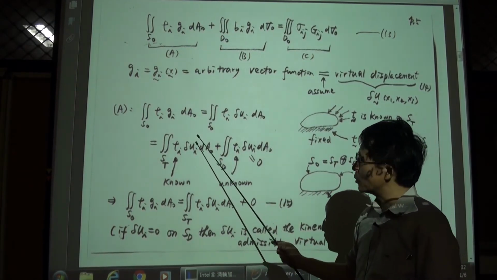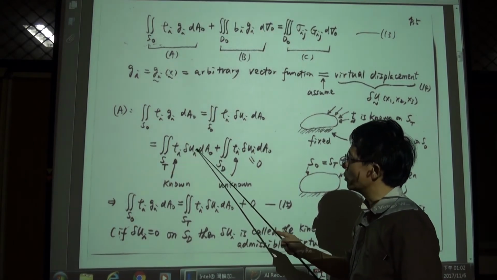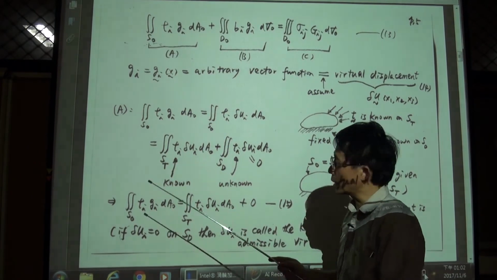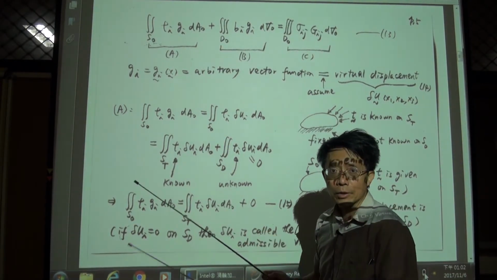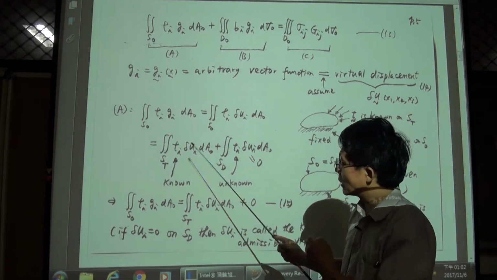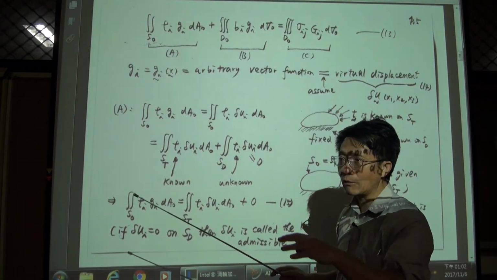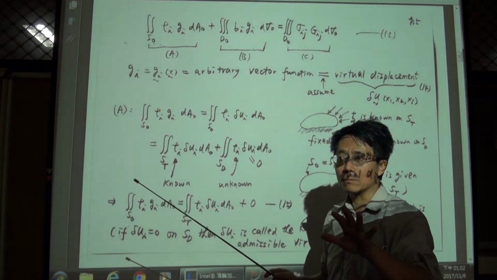You may ask, Professor, why don't we choose delta ui equal 0 everywhere? Of course not, because we want to calculate the work done by the traction, and we do load the traction. If you make everything equal 0, you don't get a meaningful result.